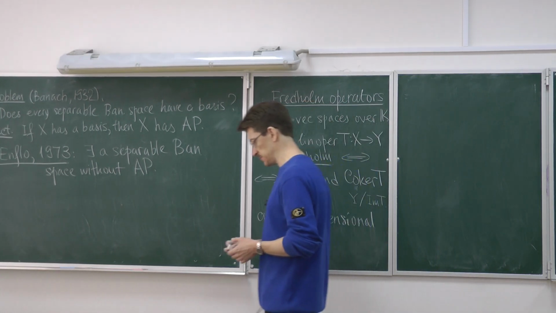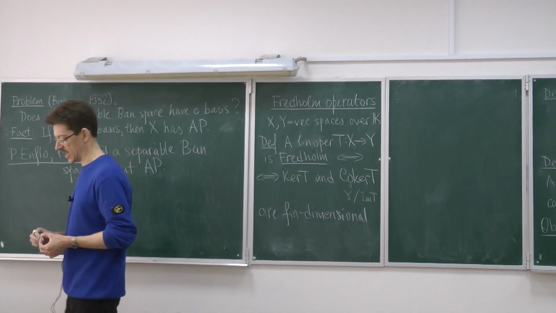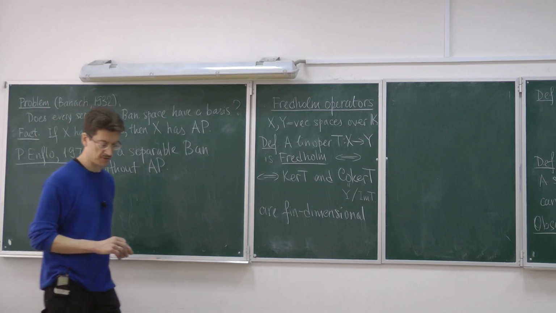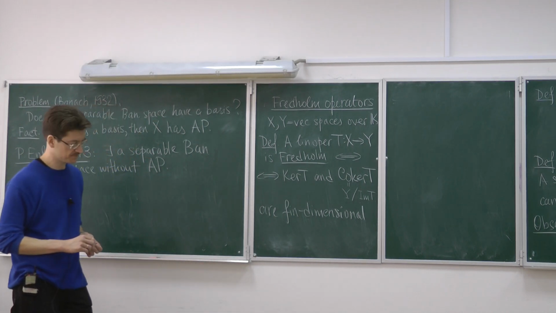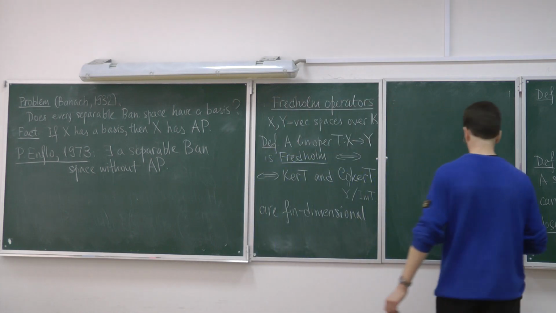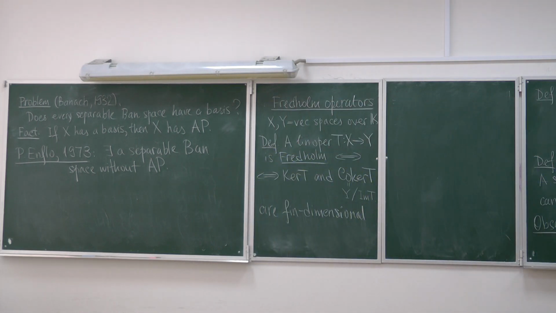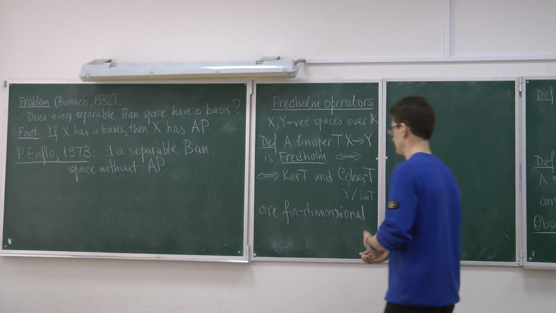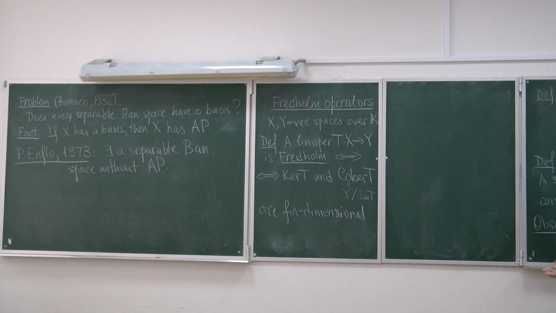I hope this will not lead to any confusion, because actually we will consider co-kernels only for those operators whose images are closed. So in this case, all the definitions of the co-kernel will be consistent. So this is our definition of a Fredholm operator. It makes sense for any linear operator between vector spaces.